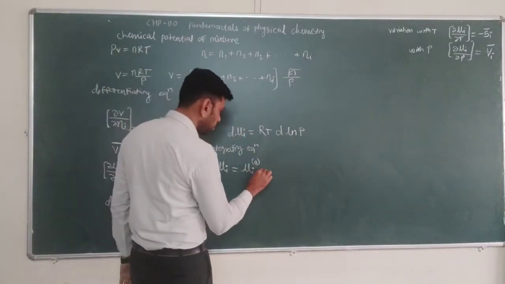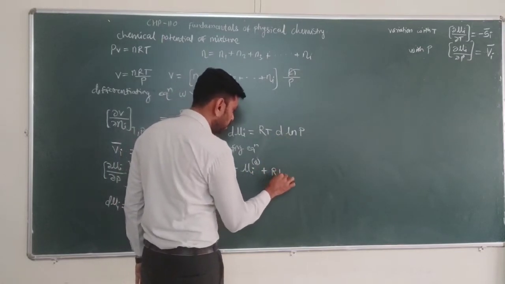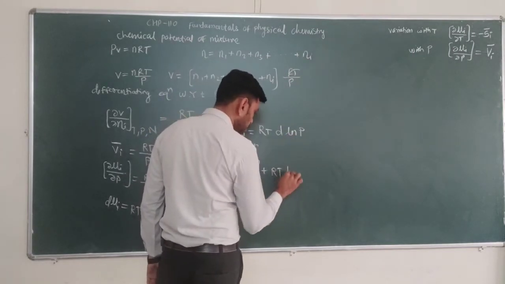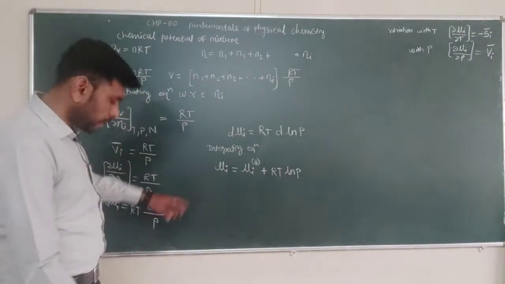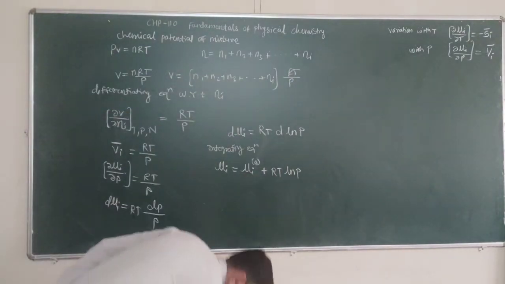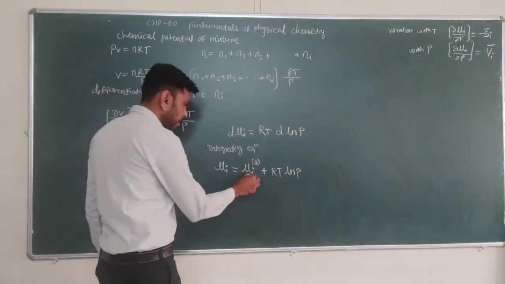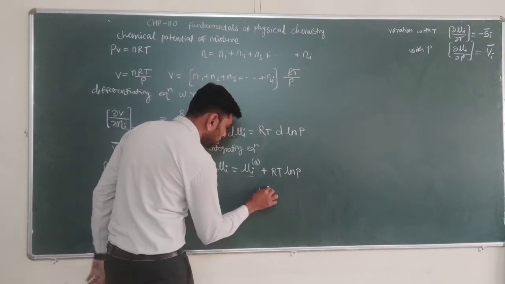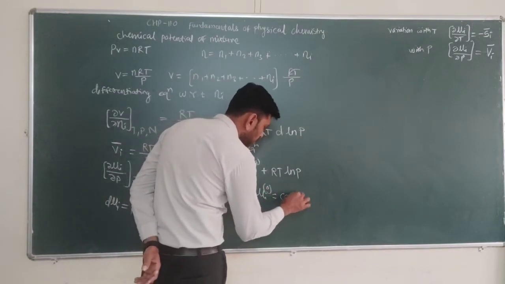Here RT is the constant term, and the integration of d ln P is ln P. So this is the integration of this, and here the quantity represented, that is mu I0, represents the constant of integration.